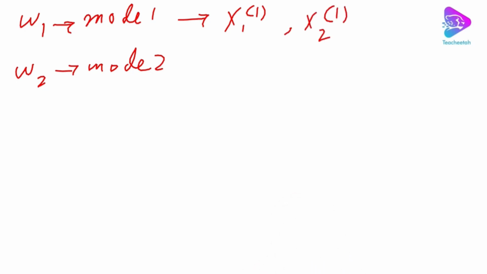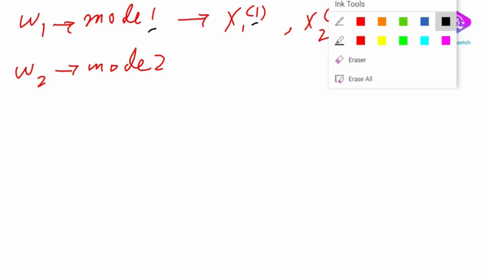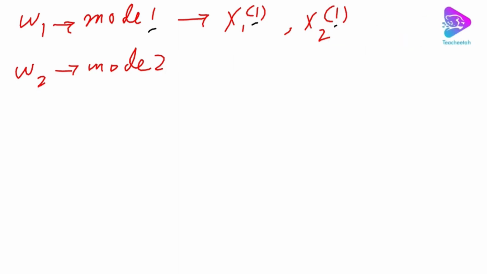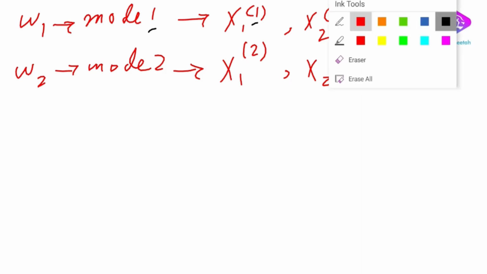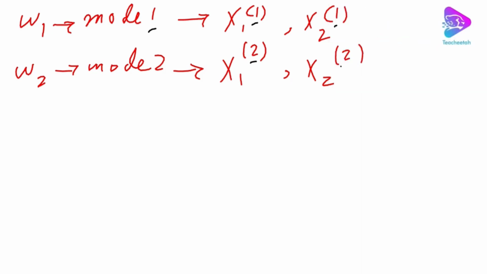The superscript indicates the mode shape. So for mode 1, the first mass has an amplitude of x11 and the second mass has the amplitude of x21. For mode 2, same thing, we have x12 and x22. It's similar to the first mode, with a superscript of 2 which belongs to mode 2.